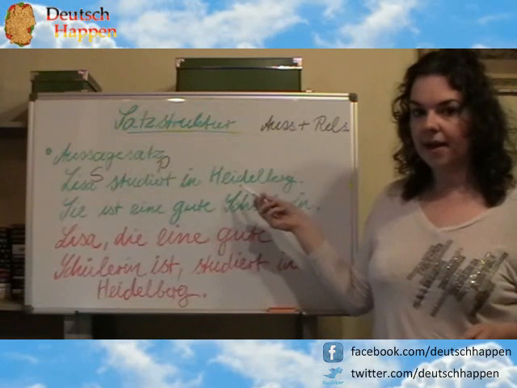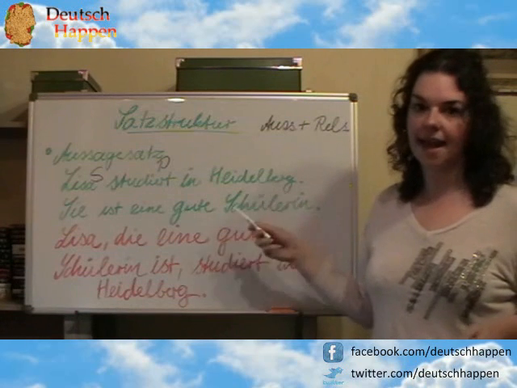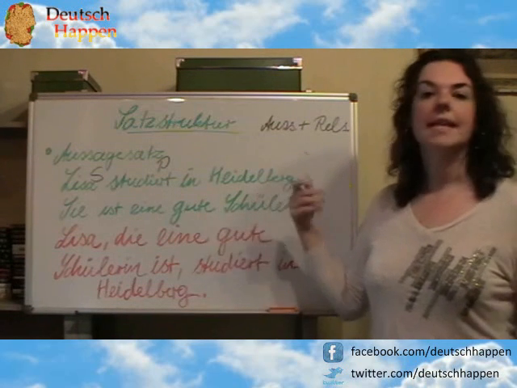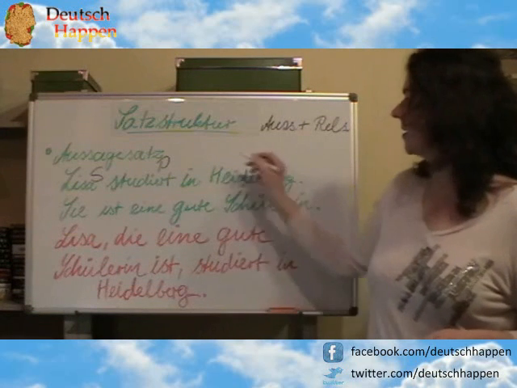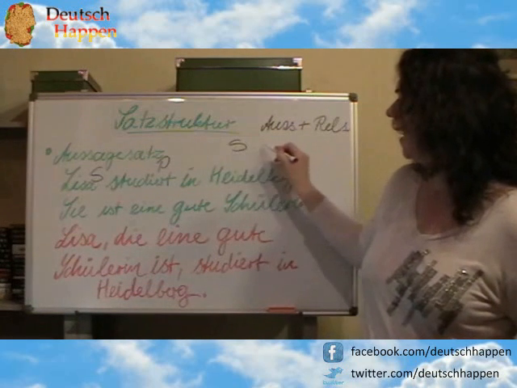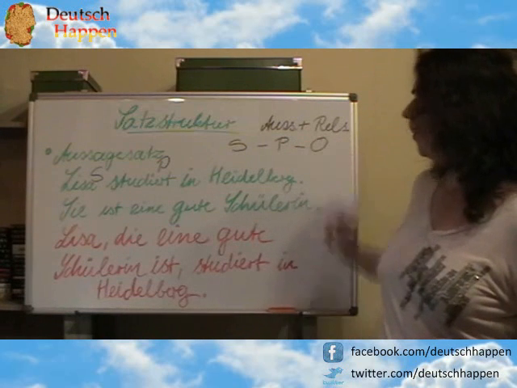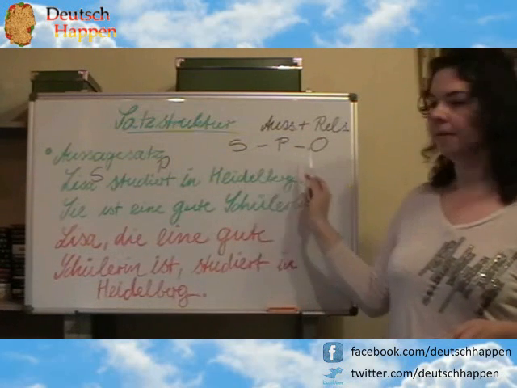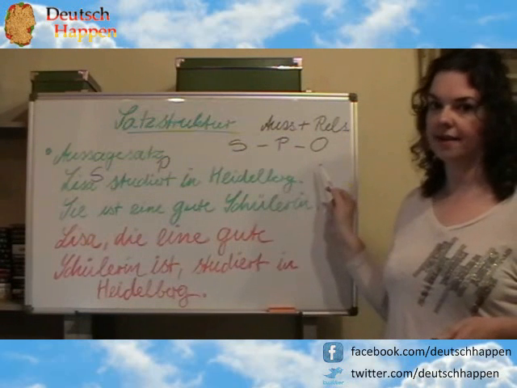In Heidelberg. But it could also be followed by anything else, so let's say an object. So the normal sentence structure in German is always called SPO: Subject, Prädikat, conjugated verb, and object.